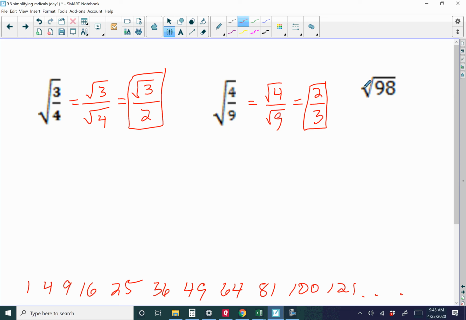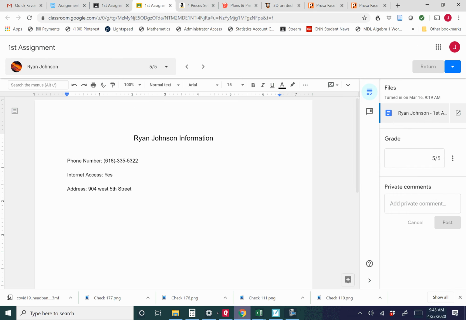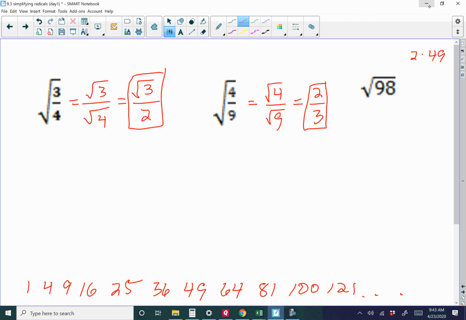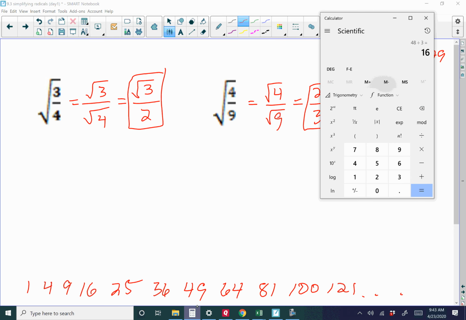So when I see square root of 98, I think what are the factors? And the first one that comes to mind is 2 times 49. Very easy to find. Again, if you got your calculator, if I got 98, I say divide by 2 equals 49.